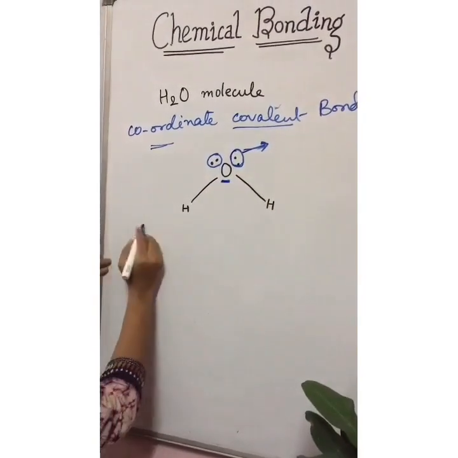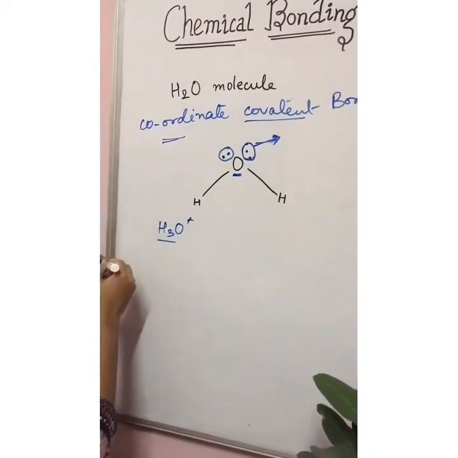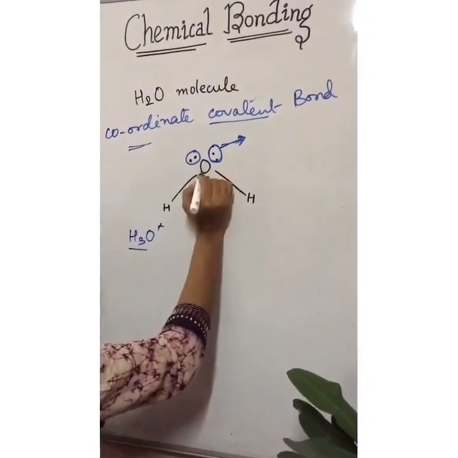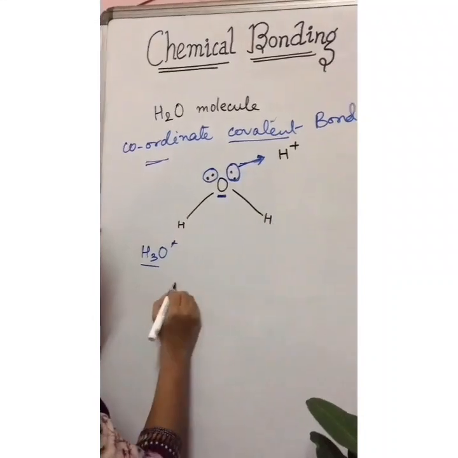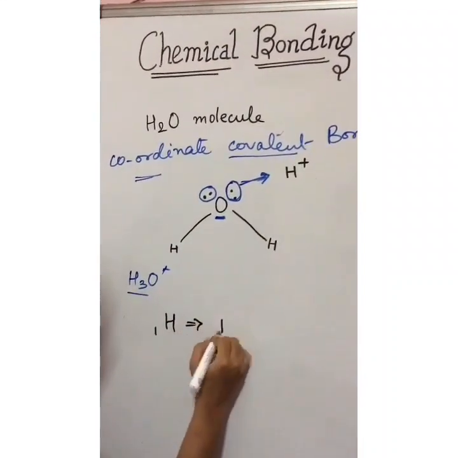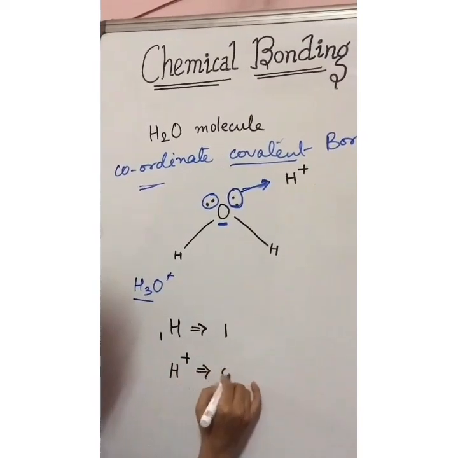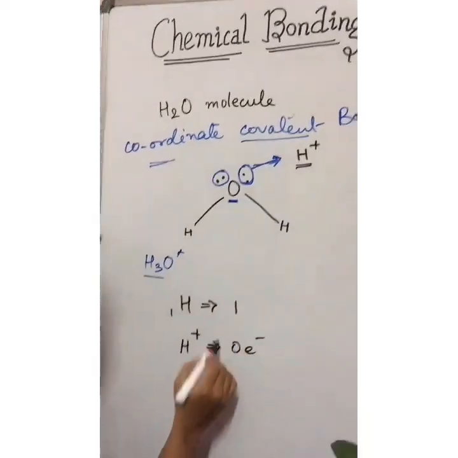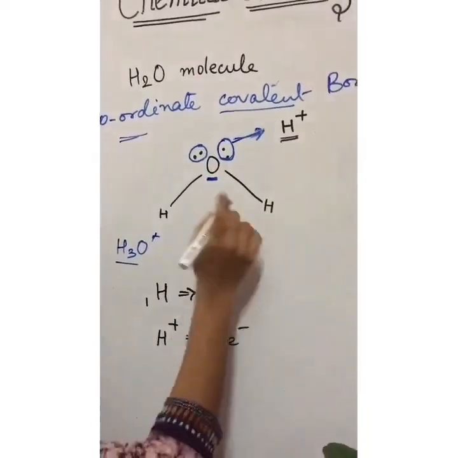Okay, now we know the H3O plus hydronium ion. Now the structure of the hydronium ion is when this oxygen donates its electron pair to an H plus. H plus means what? Hydrogen has a single electron. Now when it is forming H plus, that means it has 0 electrons. Now when oxygen donates this lone pair of electrons, it gets 2 electrons.